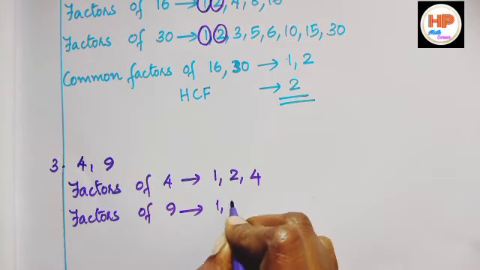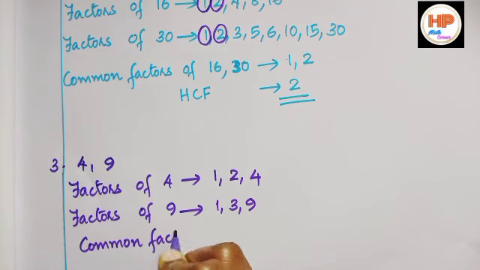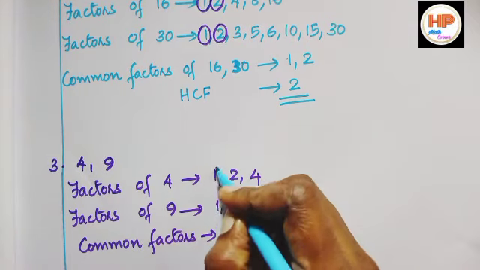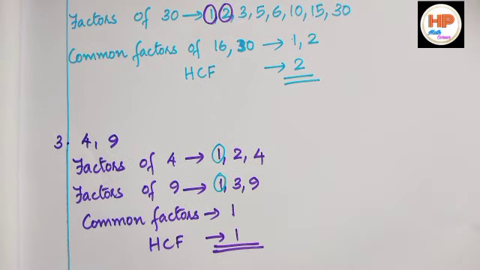Yes, 1, 3, 9. Then common factors. Which are the common factors? Yes, 1 is common. No other number is common. So common factor is 1. Then which one is the HCF? Yes, 1 is the HCF.